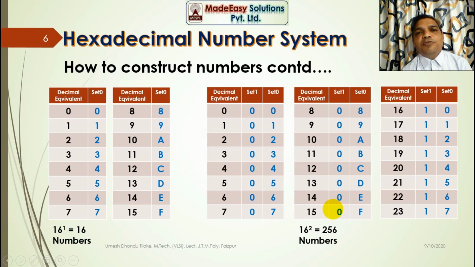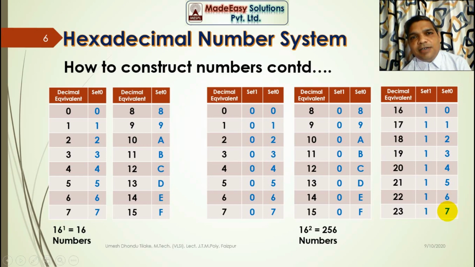Set 1 must use all digits to complete the numbers. So in set 0 the digits are repeated again, and in set 1 the next digit to 0, that is 1, is used and kept constant until the final digit of set 0.